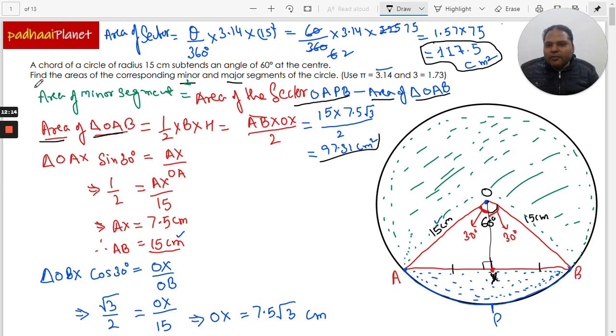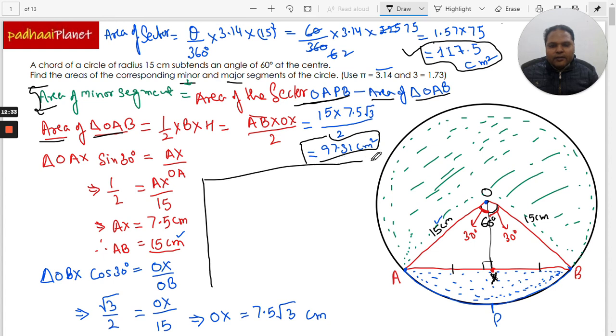Now let's get back to our original question. We were looking at the area of the sector OAPB, which we have got here, and the area of the triangle is this. So let's put these values in and we will get the answer.